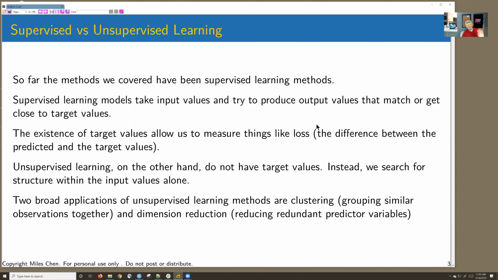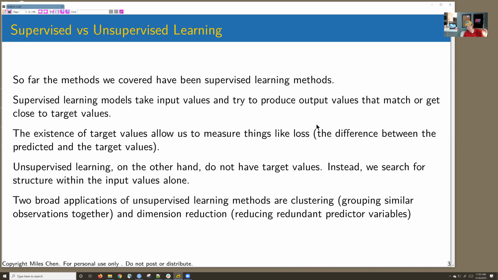In contrast to everything we've done so far, which has been supervised learning, meaning you have the target value, your output value y or t or whatever it might be, and you have your input values x.